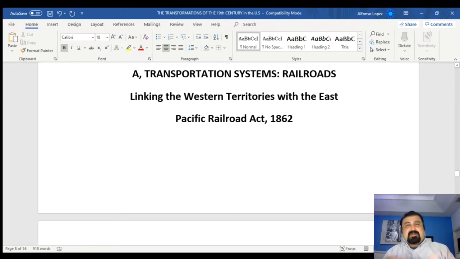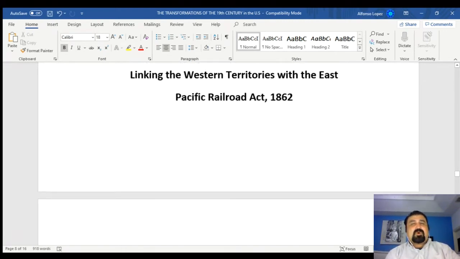So those products can be processed, can be manufactured, and consumed by the peoples that actually are concentrated in the cities, for example, and the industrial cities and the ports and all the most populated states of the country, most of which are in the northern region, in the Northeast, particularly in the Northeast, but also in the American South. So again, it's important to link the Western territories with the East. And in 1862, this one was made possible by the introduction of the Pacific Railroad Act of 1862.